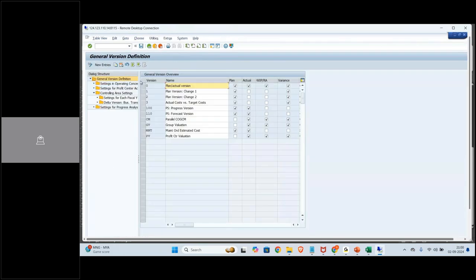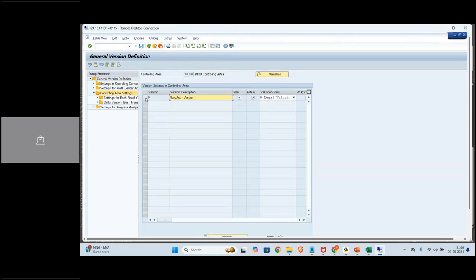See this version 0 here. Only for version 0 you can maintain plan. Then I'll show in my controlling area, only version 0 is there, with version 0 settings for each fiscal year.